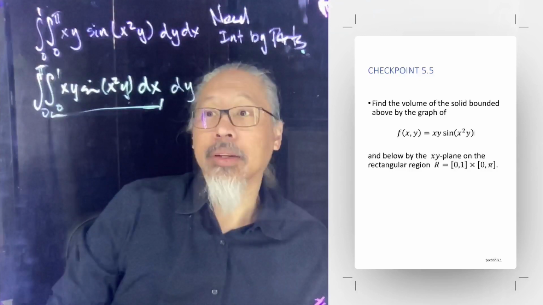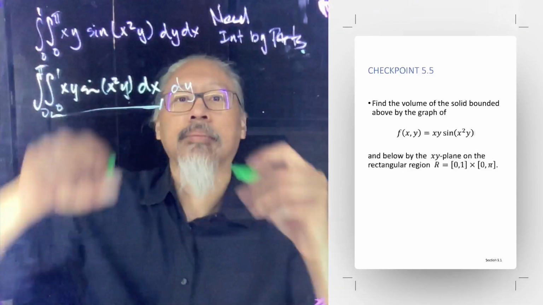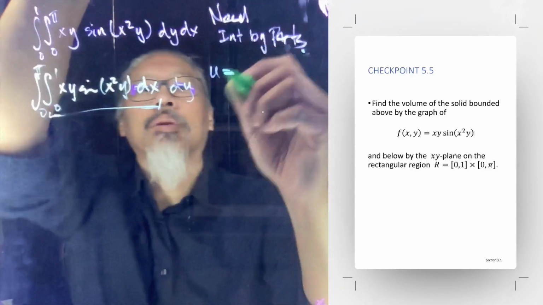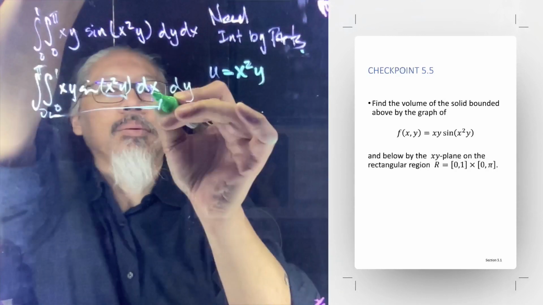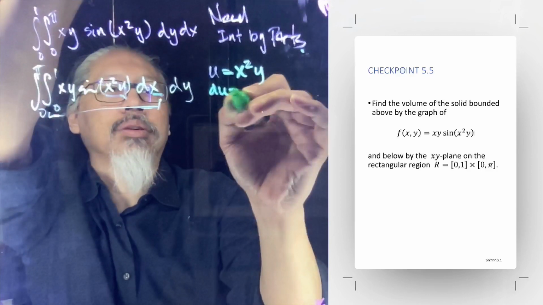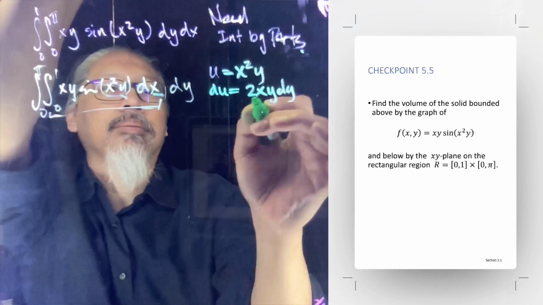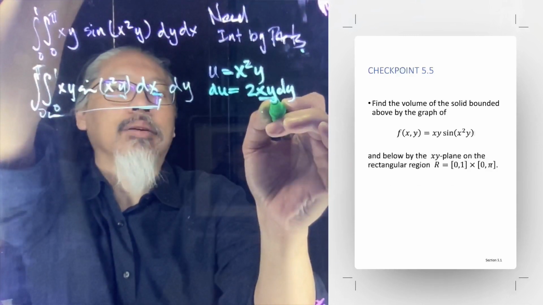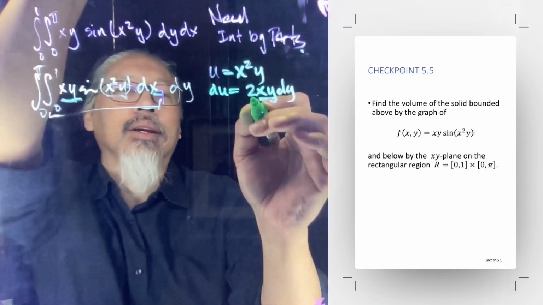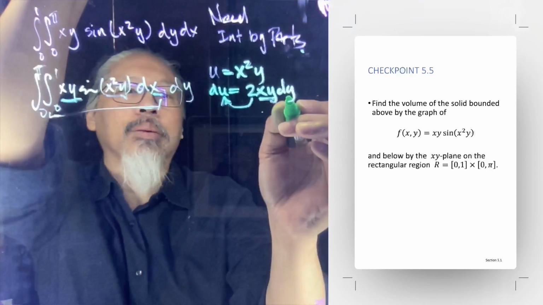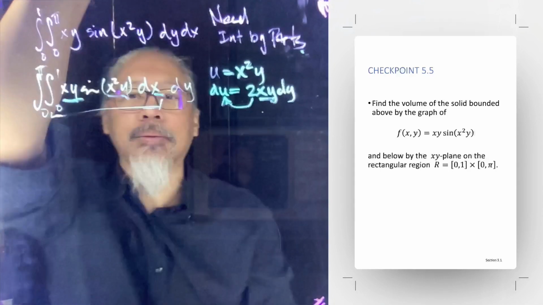So let u equal the inside, x squared y, and we find the differential with respect to x, so du equals 2xy dx. Not only do we get rid of the x, but we are also replacing the y there, and then the 2 can go in the denominator, so we get xy dx equals du over 2, and the xy would cancel.